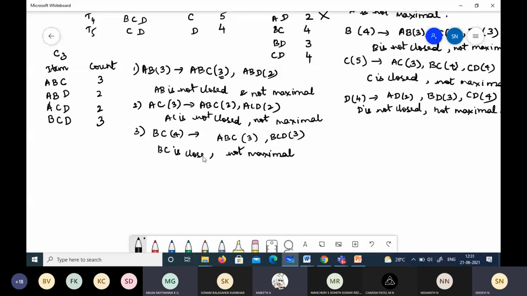Closed, because it has a support count which is greater than its immediate superset. So it allows you to have a compact representation of frequent item sets. Using this maximal and closed, you can have a compact representation of this. That is, if you take tree structure, you can easily identify.